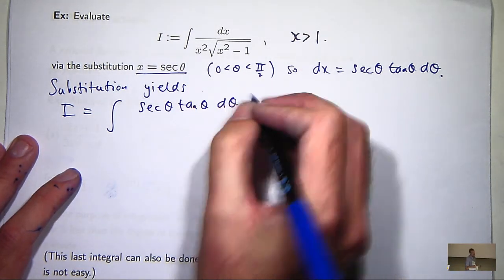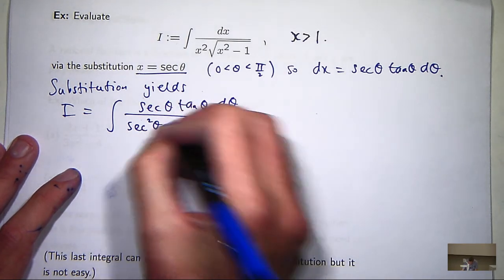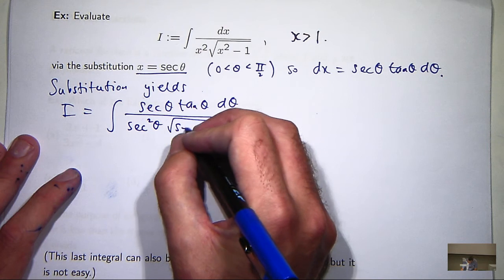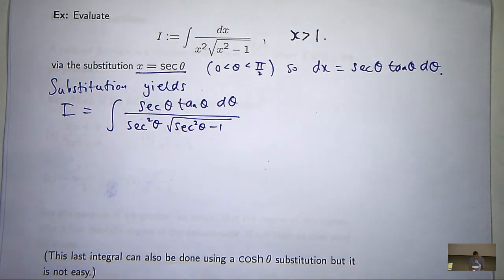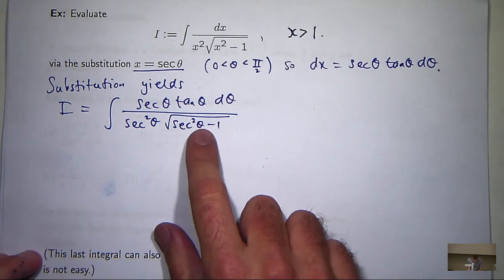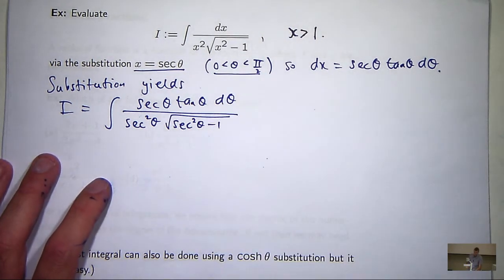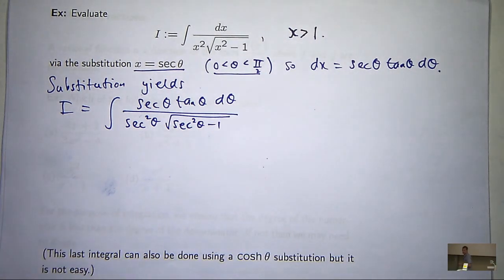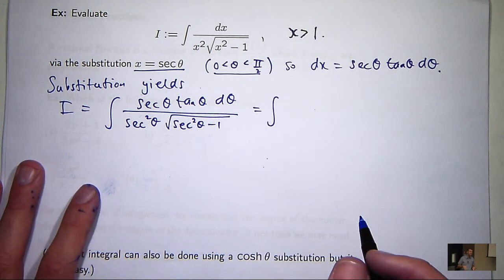And because theta's in this range, tan is positive, so you don't need to worry about the absolute values. So I can cross off one of these secs straight away. And lo and behold, I can cross off another set of tan thetas. So what I'm integrating is basically cosine theta here.